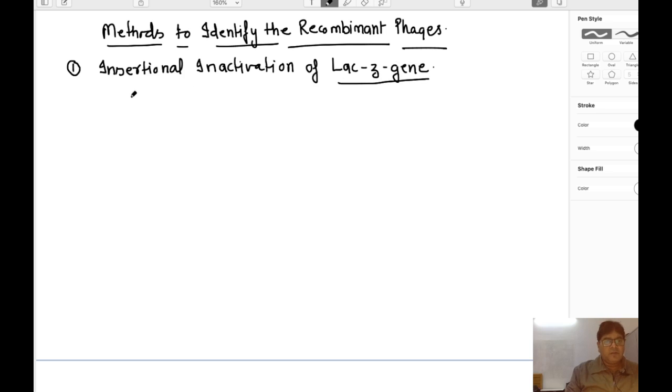What we notice here, almost all the phages, also Lambda phages and also M13, have got a gene in their genome, and this gene is lacZ gene. So this lacZ gene is found in the genome of the phages.